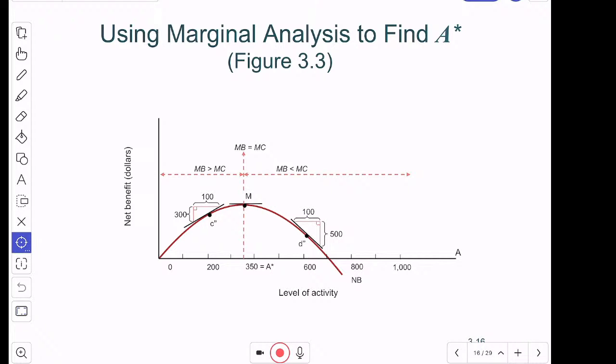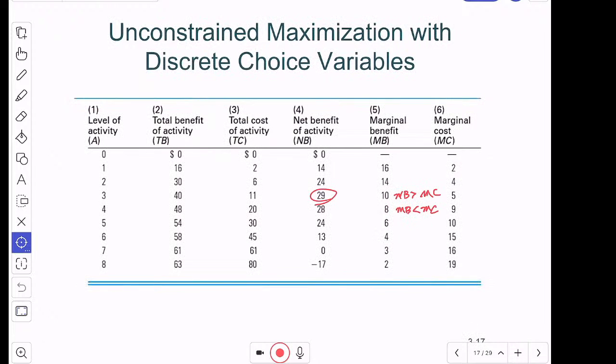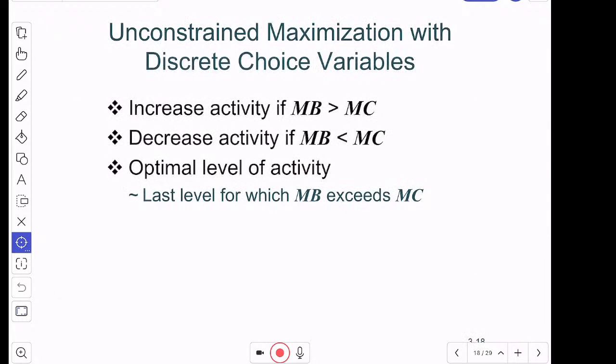They're the same. So that's what worked out here. So those are the things you need to remember. This is just repeating. Increase the activity as long as marginal benefit is greater than marginal cost, but decrease if it's the reverse until you reach the optimal level of activity where net benefit is the highest.